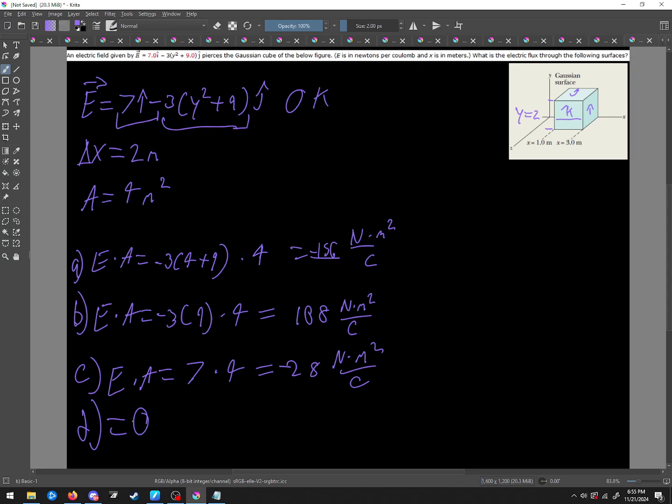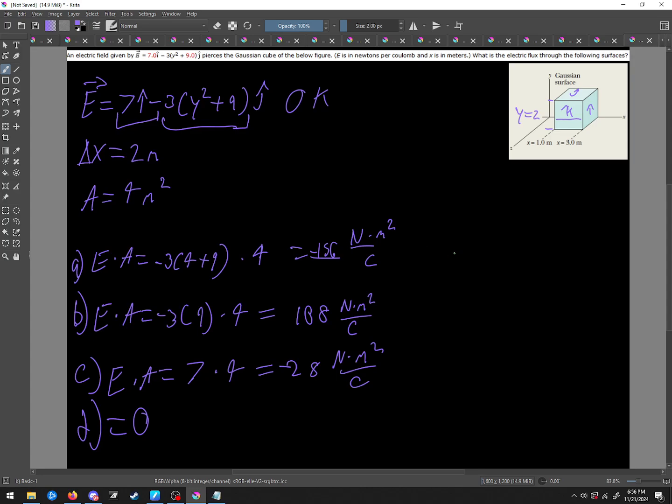And they want to know the net electric flux through this. Well, okay, I'm assuming this would be top and bottom.